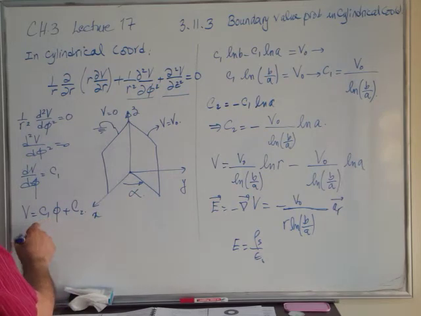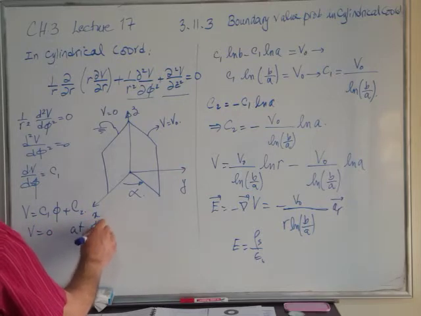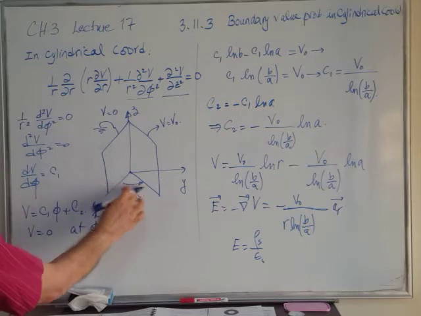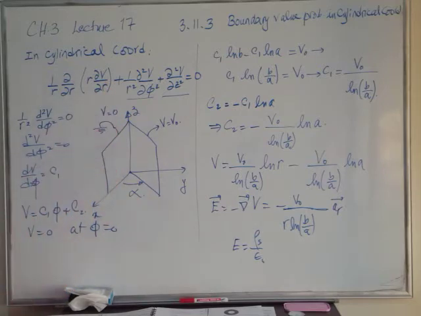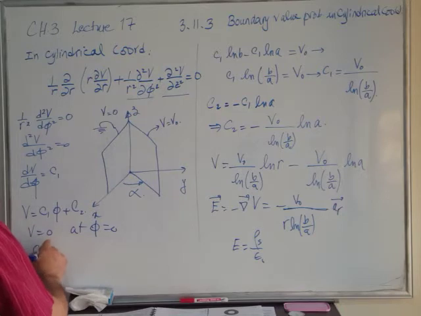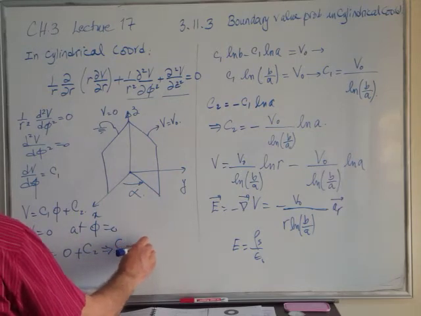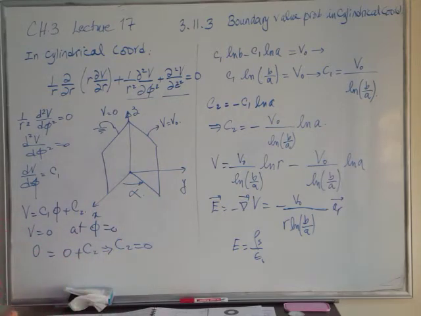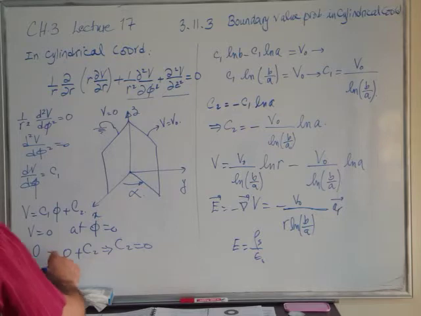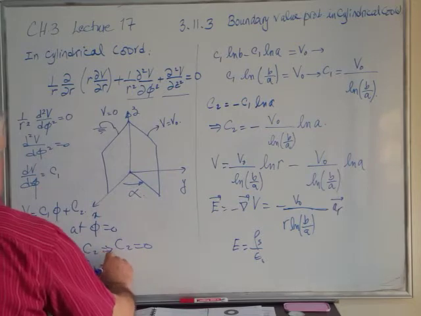Equals 0 where phi equals 0. Here, phi equals 0, you are in the z plane. So put that, you will have 0 equals 0 plus C2, so C2 is 0. C1 now: V equals V0, that's V0 equals C1 times phi, which is alpha.